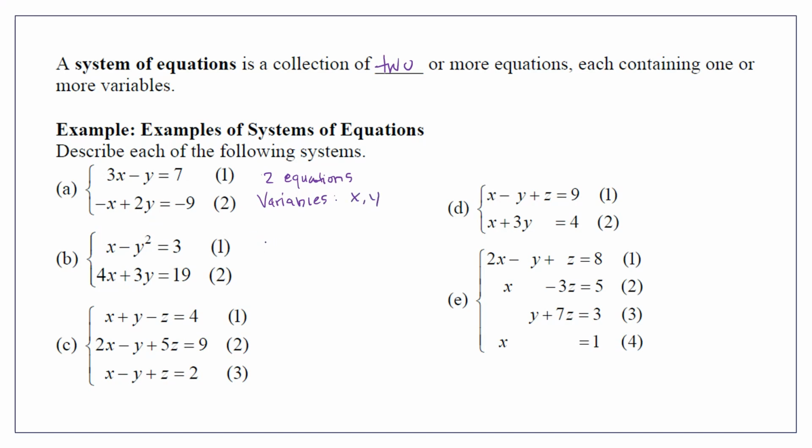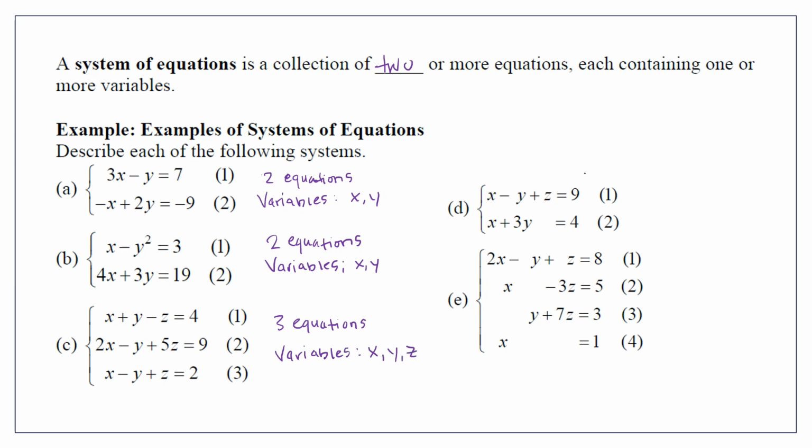For B, we also have two equations, and our variables that are present are also x and y. Okay. For C, we now have three equations, 1, 2, and 3. And with these three equations, we have three variables present, x, y, and z.